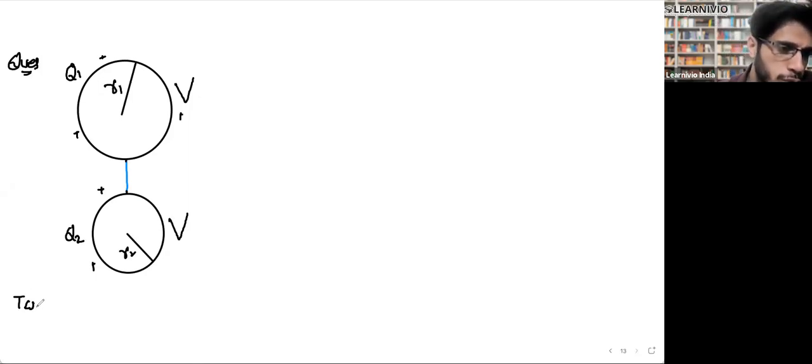So two conducting spheres are connected.